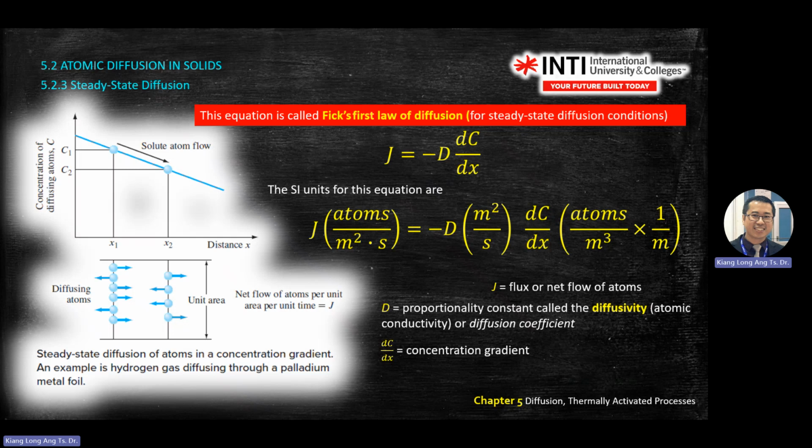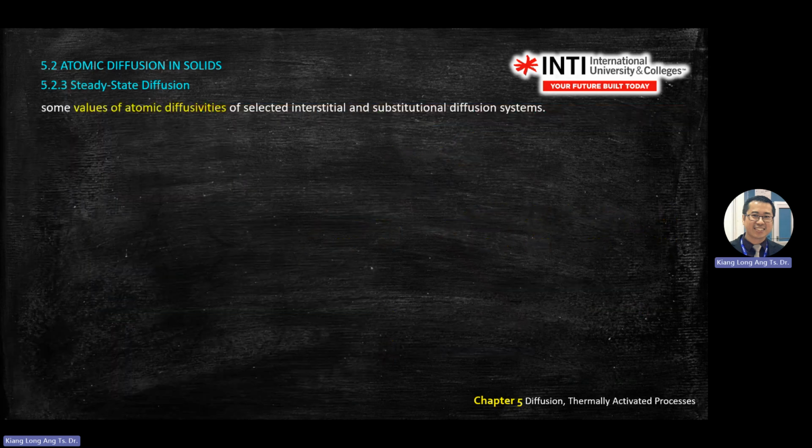D is meter square per second. This one you find in the table. D is called the diffusibility constant. For dC over dx, you'll be given concentration 1, concentration 2, position 1, position 2. Then you find y2 minus y1 divided by x2 minus x1. Then you find the flux.